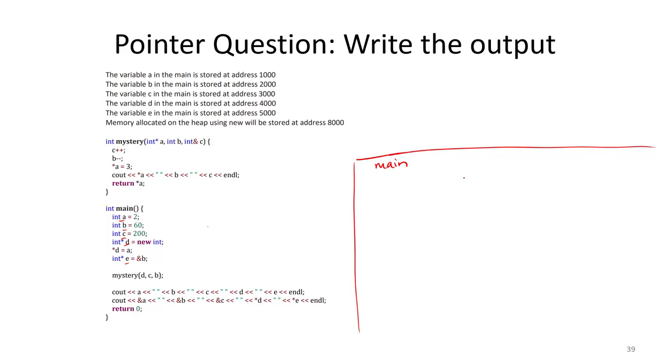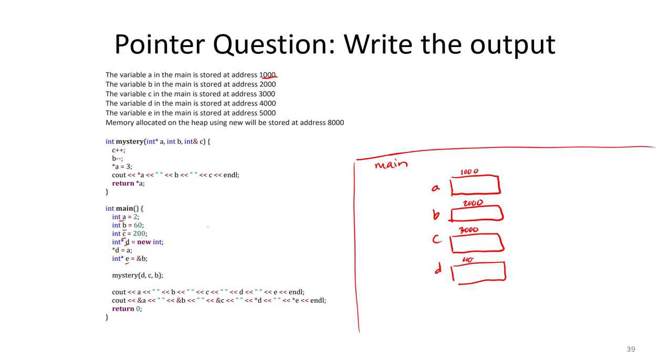So following my naming convention, I'm going to make my variable A, give A a box where I can put the value. And A is stored at memory address 1000. So I write my variable A like this. Similarly, my variable B is stored at address 2000. Variable C is stored at address 3000. Variable D is stored at address 4000.